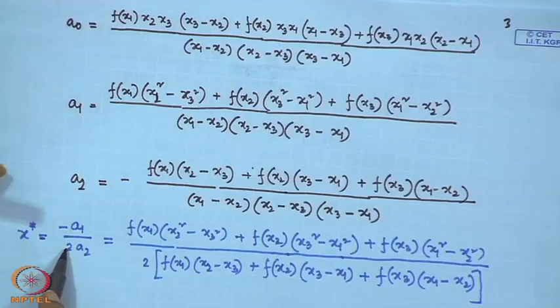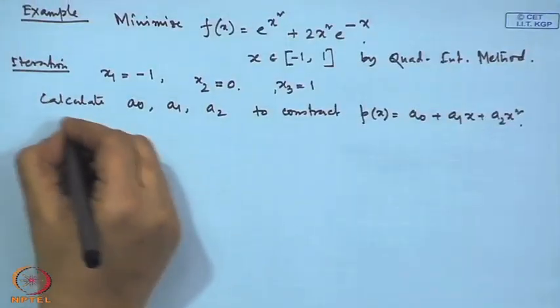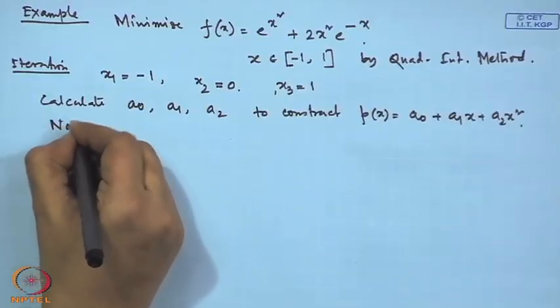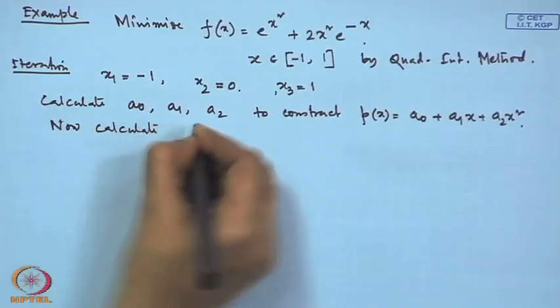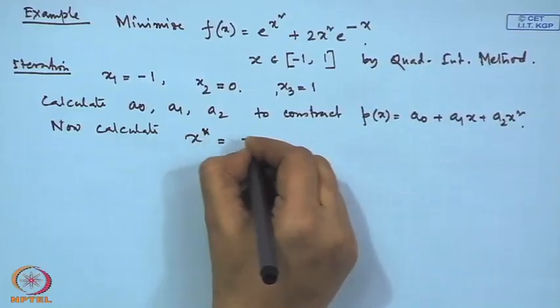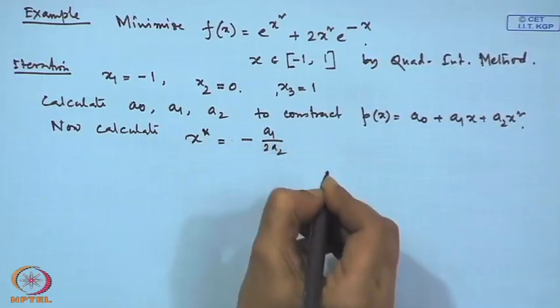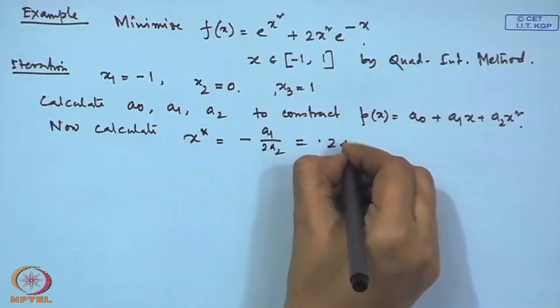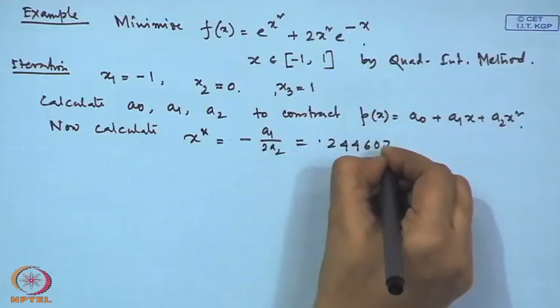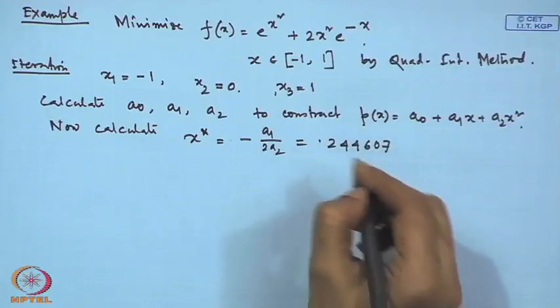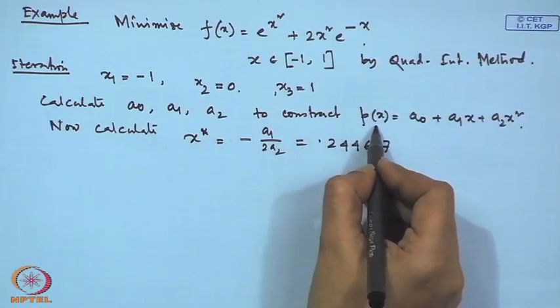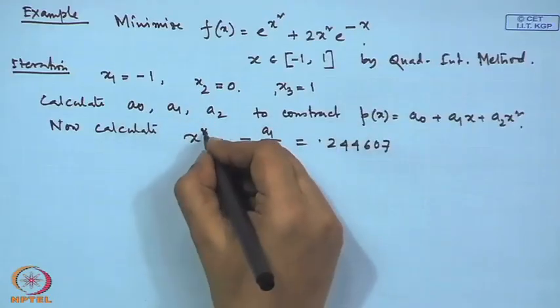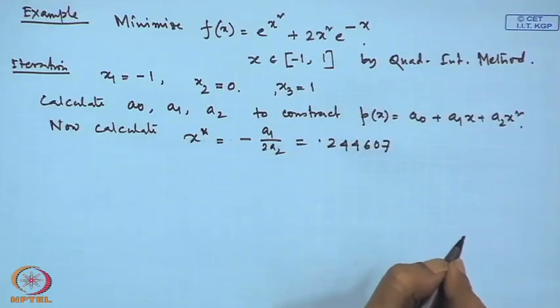From there we will calculate x star, which is equal to minus A1 by 2 A2, with the formula I have shown. Now, this value is 2.244607. That means, in this iteration we are getting x star as the minimum point of the polynomial p(x) with these A0, A1, A2 values, and we can declare this is the approximate value of the minimum of the function, but we need to check whether this is correct or not.